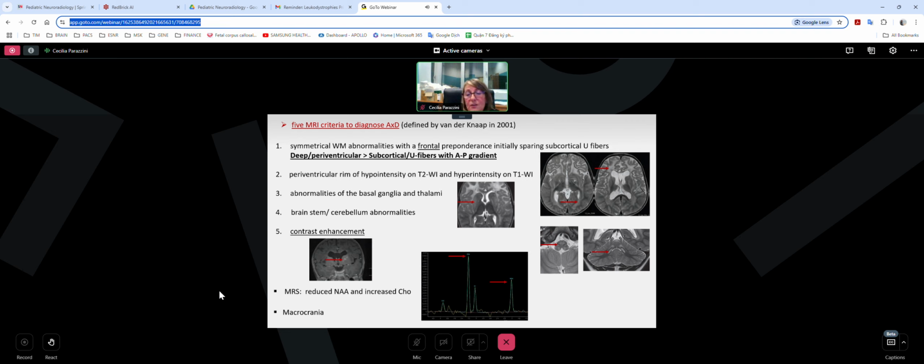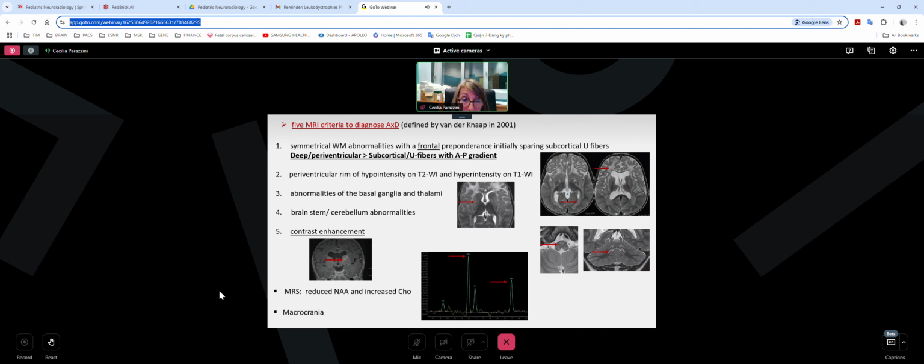Abnormalities of the basal ganglia and thalami, with either swelling or atrophy, brainstem and cerebellum abnormalities, mainly in the medulla, and also nodular contrast enhancement, lining the ventricles, but also in frontal white matter and in other brain structures.